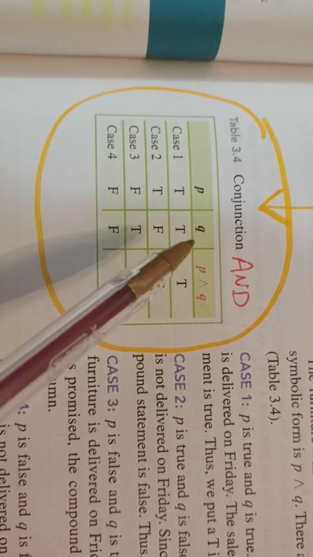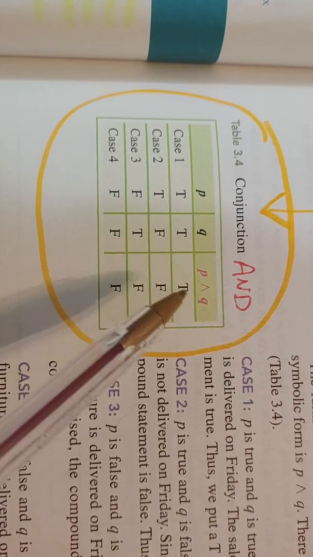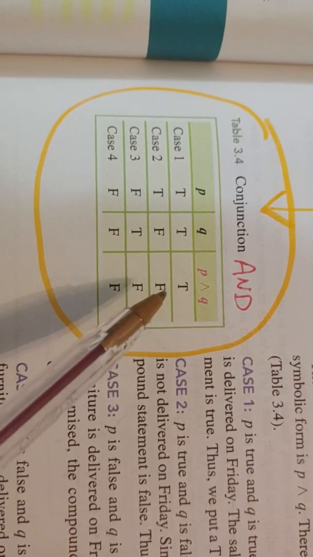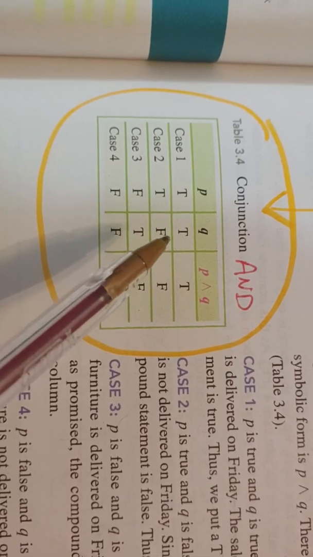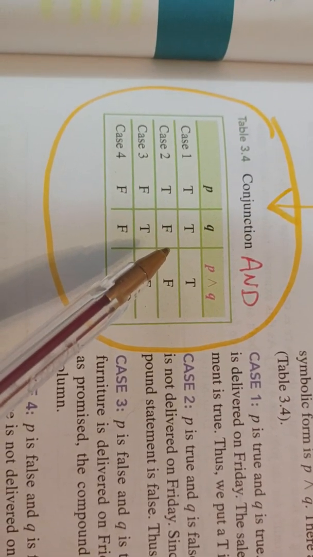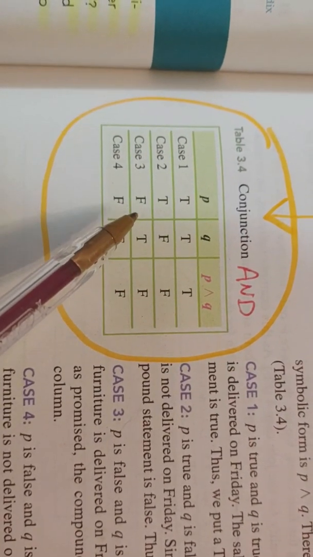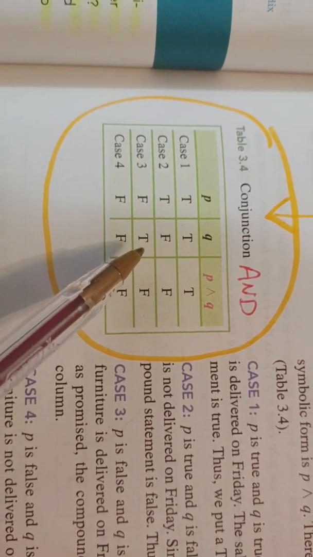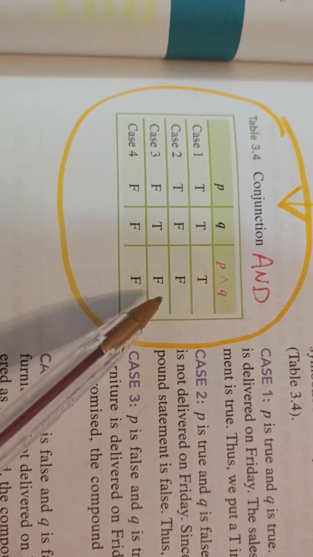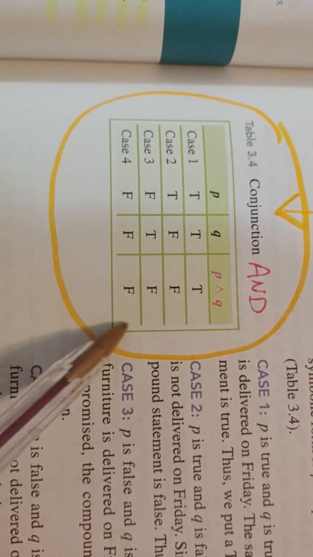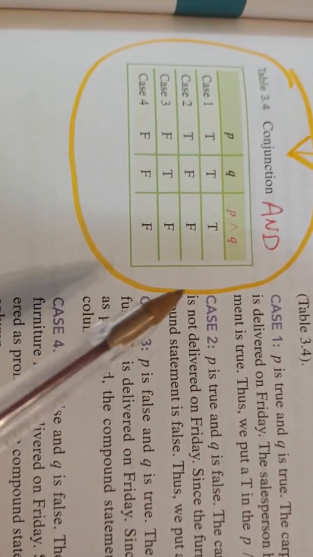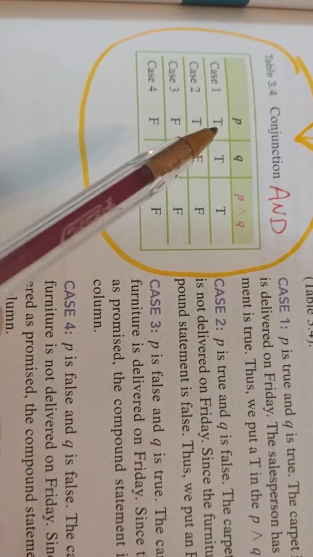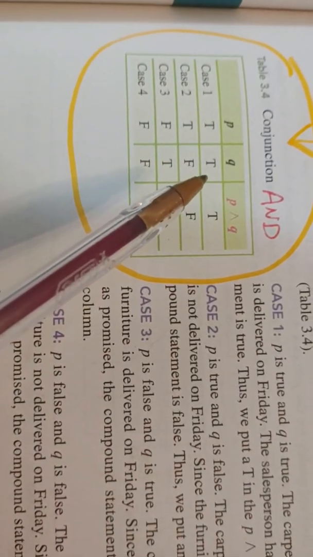When P is true but Q is false, then P and Q, the whole thing, is false, because you can't have a true statement go into a false statement. When the first one is false but the second one is true, it's false. And when both are false, they're false. So you only have one condition on a conjunction where the statement is true, and that's if P and Q are true.